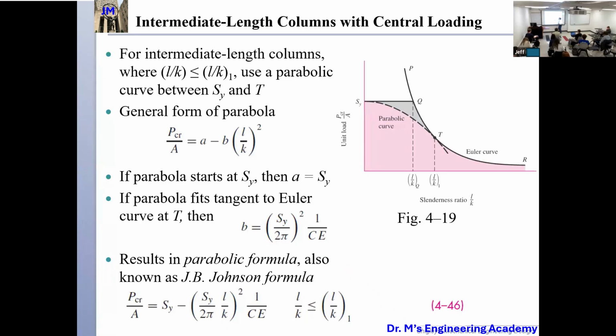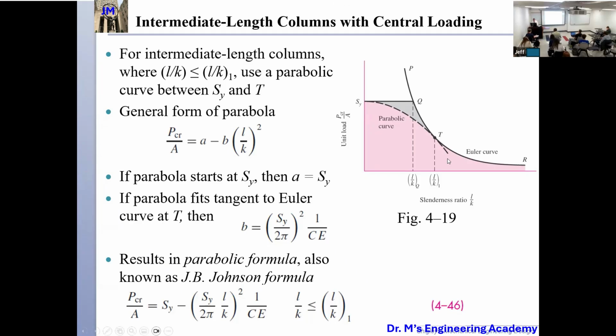And then if the parabola is tangent to your Euler curve, so that they are tangential to each other, you can calculate this B value. As a result, the parabolic formula is given here.